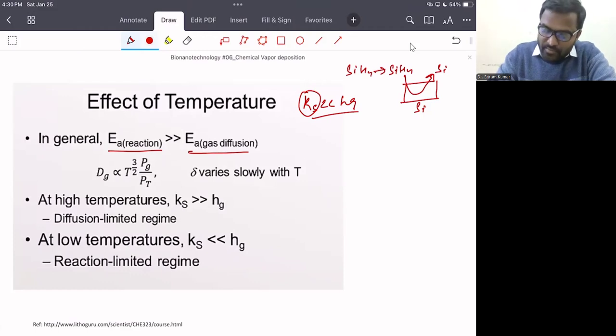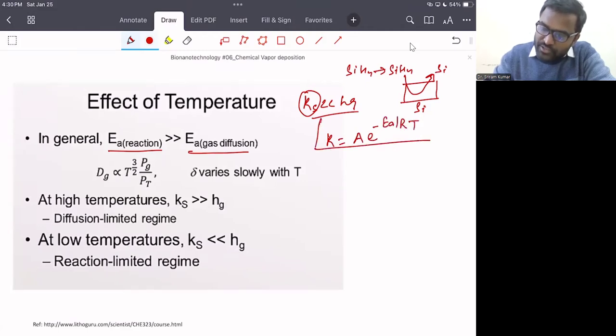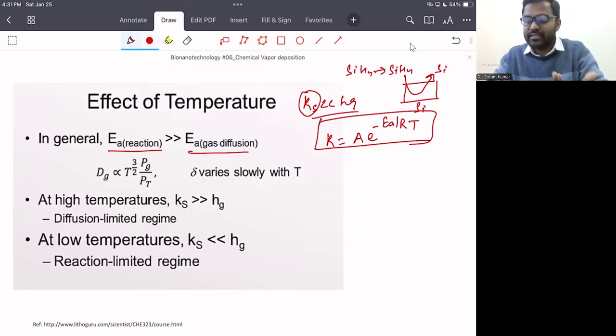In this case, if you have the higher activation energy, according to the Arrhenius equation, K is equal to A e to the power minus Ea by RT, where Ea is the activation energy. If we have a high activation energy, the rate constant is highly dependent on temperature.